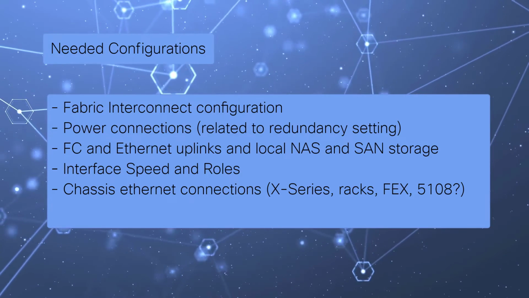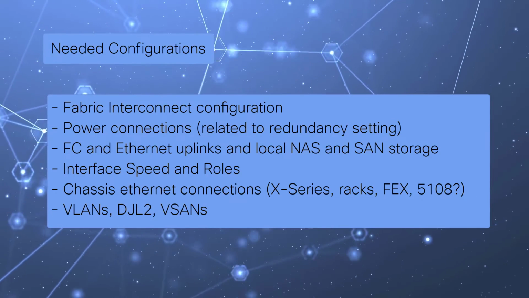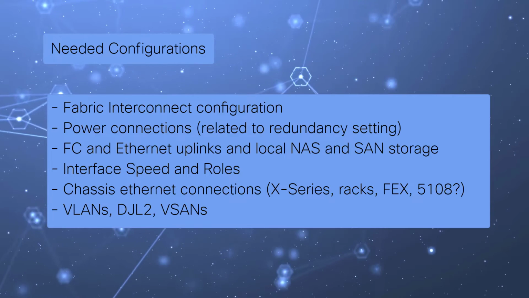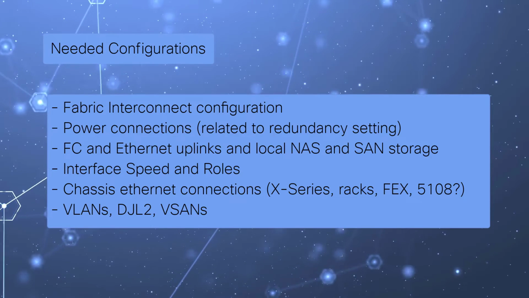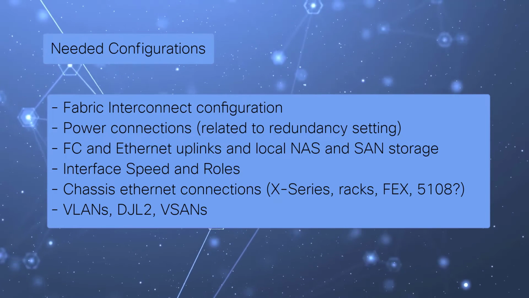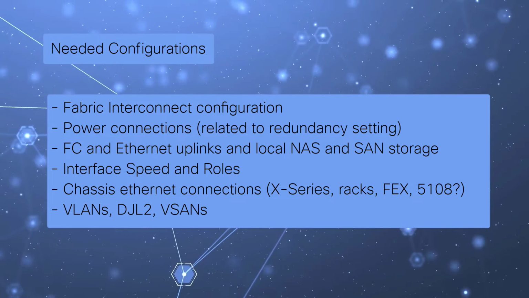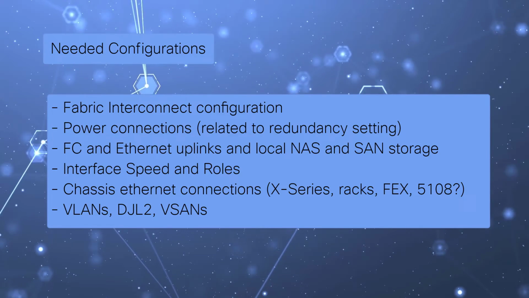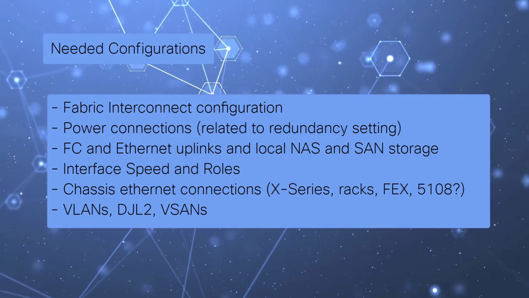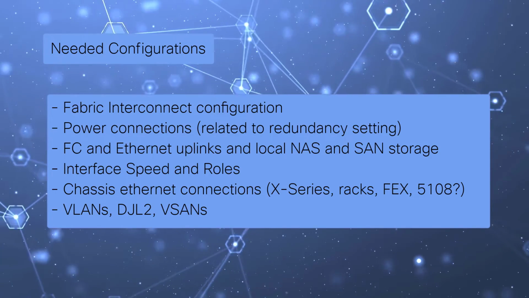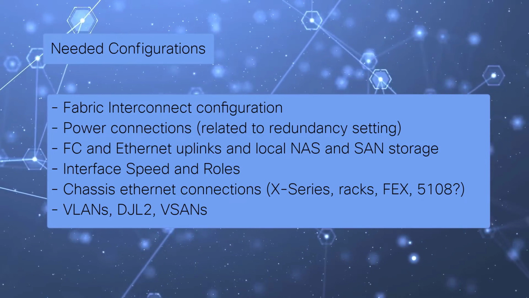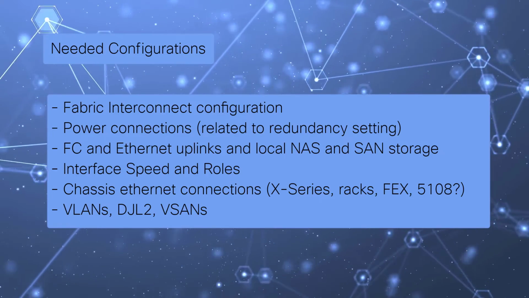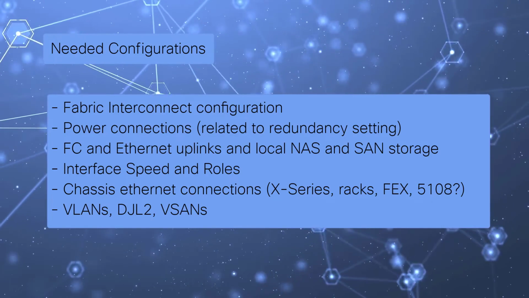And last but not least, we also have to have segmentation with things like VLANs for our Ethernet network, vSANs for our storage network, and then also disjoint layer 2 domains in the event that we want a customized configuration where one uplink might be using one subset of VLANs and the other interface will be using a whole other subset of VLANs.